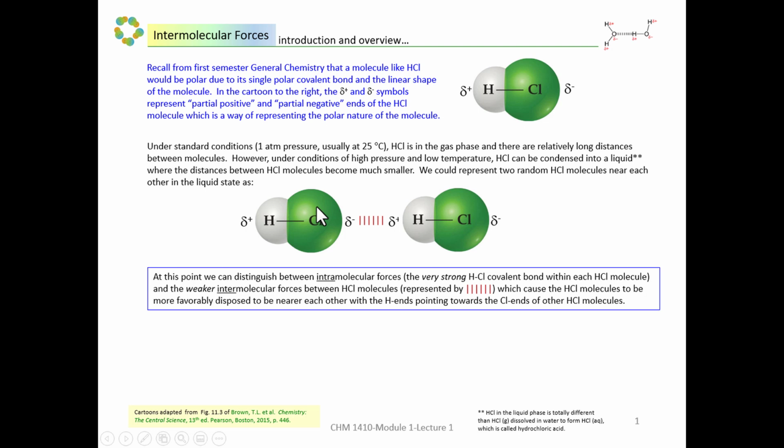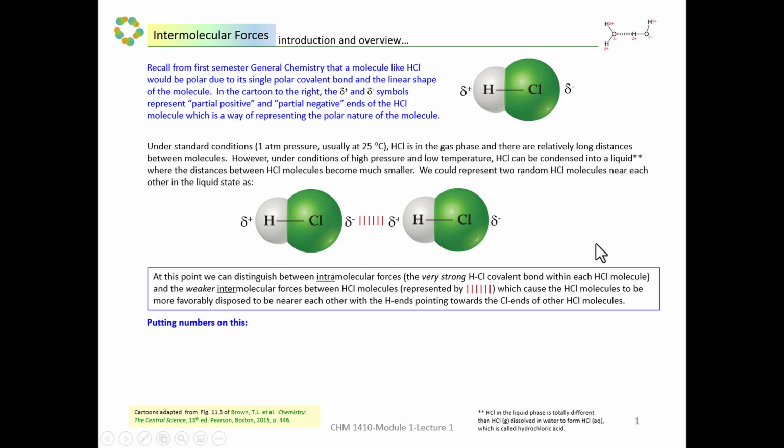Because remember, these are both polar molecules with a partially positive and partially negative end in each molecule, so it makes sense that if they're near each other, they would be predisposed to line up so that the partially positive end of one is closer to the partially negative end of the other, and that force of attraction between those molecules is called an intermolecular force.